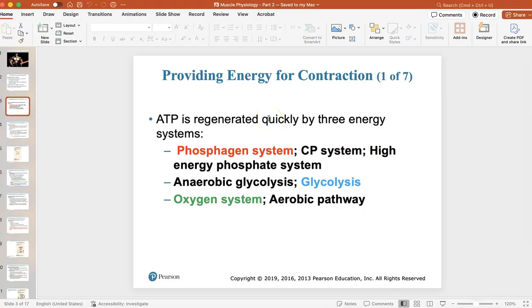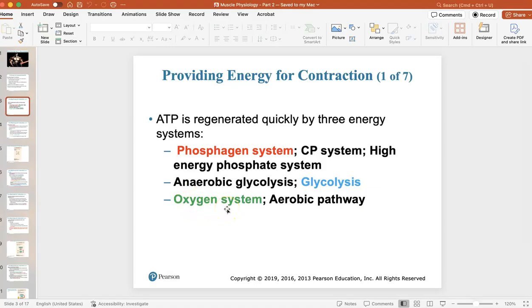So basically, three systems. We have what's often called the phosphagen system, the creatine phosphate system, or the high energy phosphate system. That's the first one. And then we've got glycolysis, or you can get real specific and call it anaerobic glycolysis. And then the third system is often called the oxygen system.